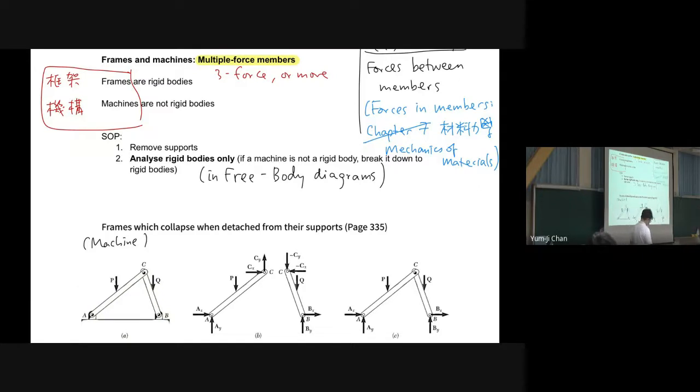Are AC and CB two force bodies or not? Let's look at the structure and see if AC and CB are two force bodies.